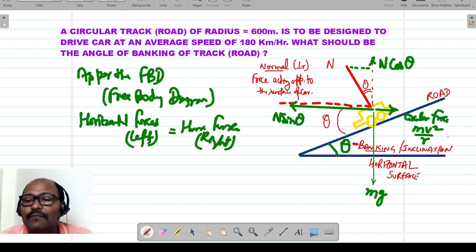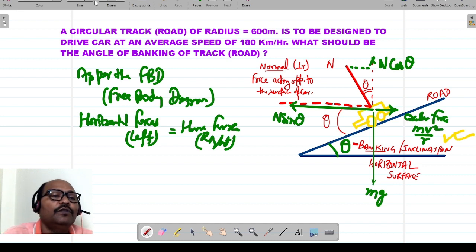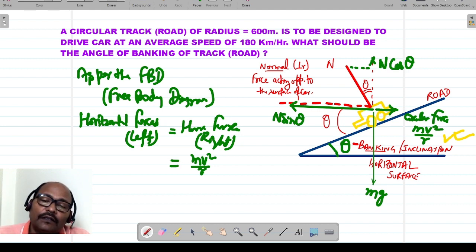Yes, this is mv square by r, this one. So we'll put the value over here. This is the force through which this banking of the road prevents the car from going beyond that circular orbit.